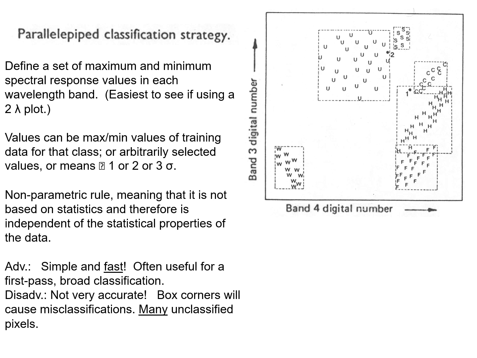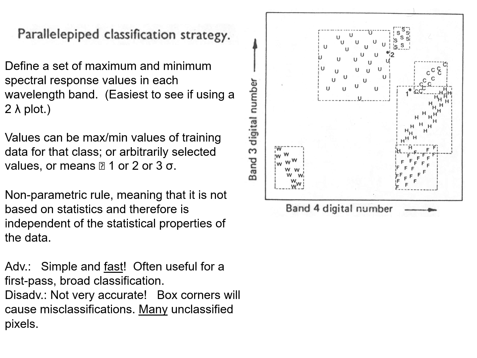Or you could use standard deviations. It's not commonly done, but it can be done. So plot the mean plus or minus either 1, 2, or 3 standard deviations. This is a non-parametric rule, meaning that, if you use min-max values, I should say, it's independent of the statistical properties of the data.